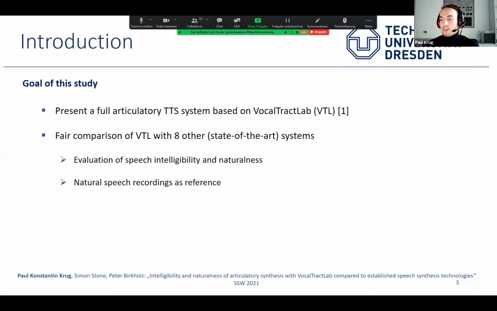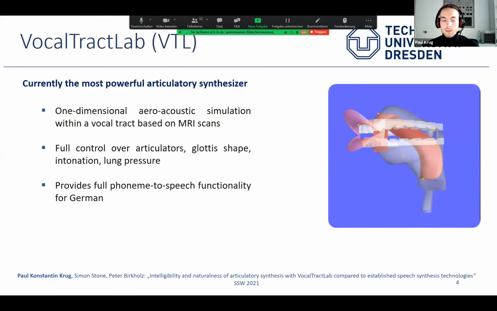And we evaluate these systems in terms of speech intelligibility and speech naturalness, and we include natural recordings as a reference in our experiments. Before I continue to describe the study, I want to give a brief introduction into the Vocal Tract Lab.